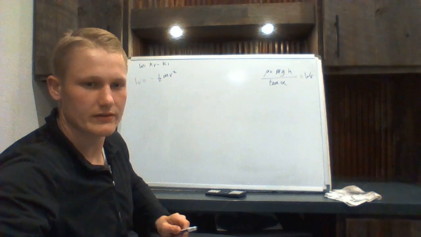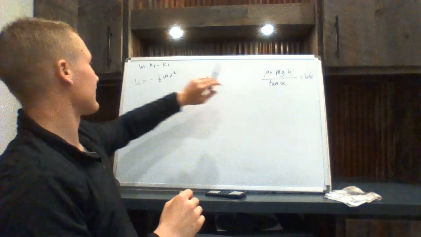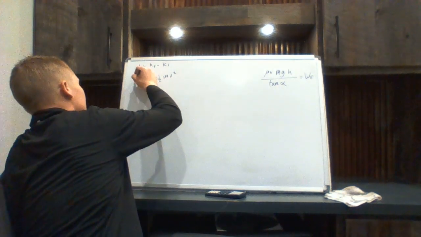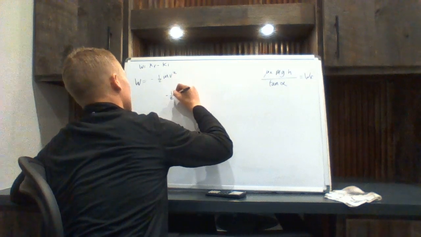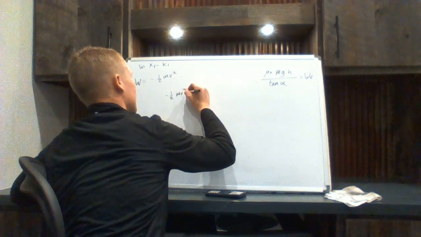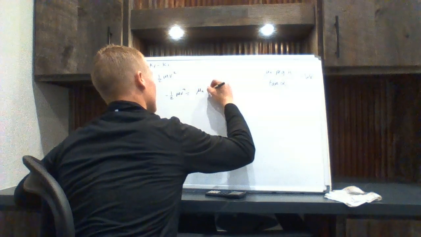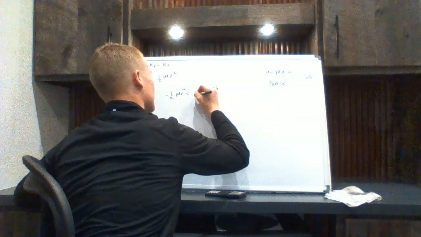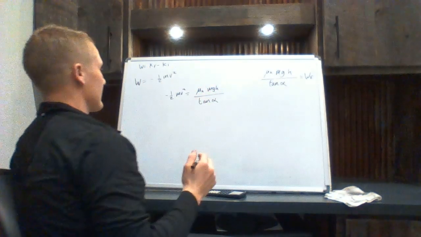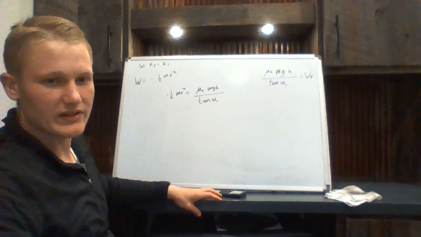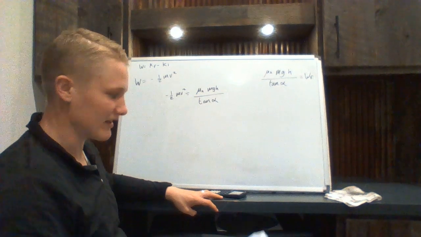And now we can set these equal to each other because the work of friction and the change in kinetic energy need to equal each other. Tangent alpha. And we need to solve for v, and that'll give us our answer since we don't have any numbers.